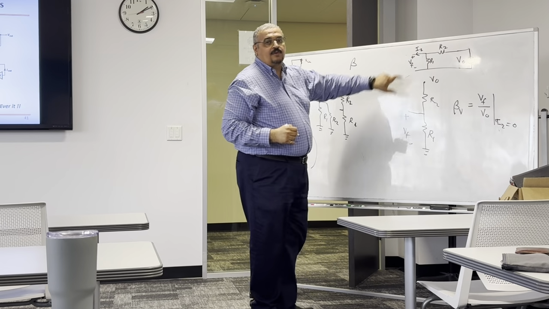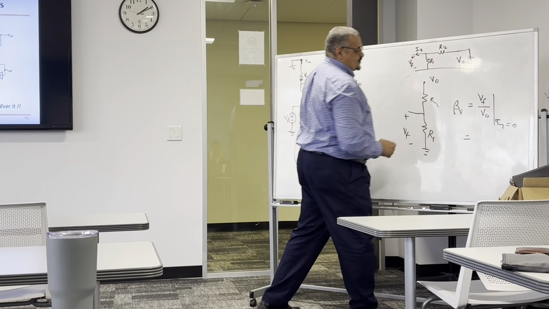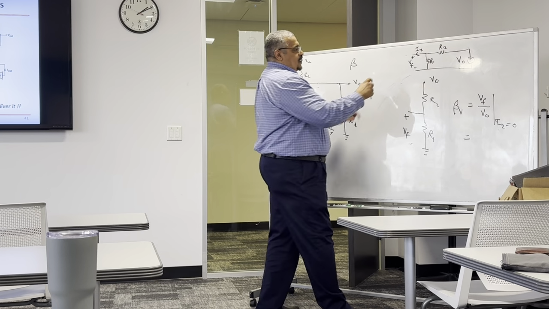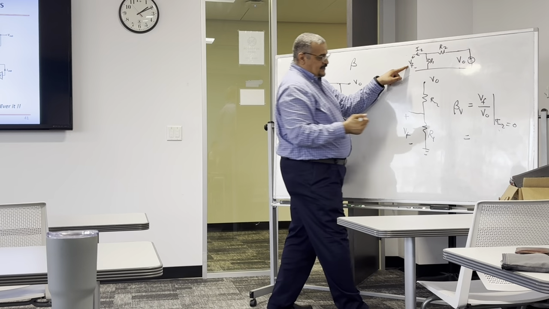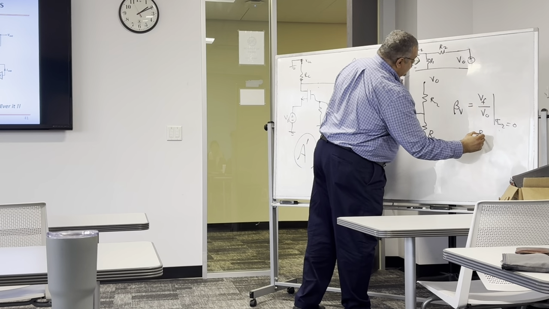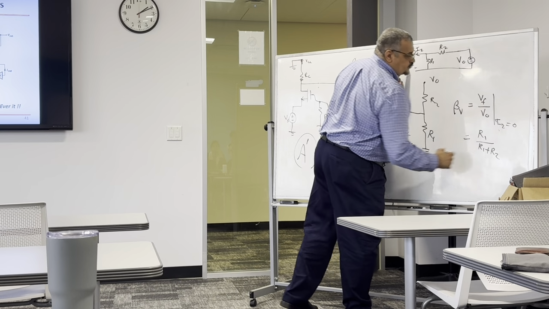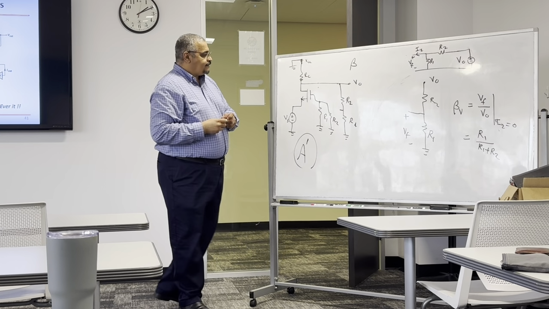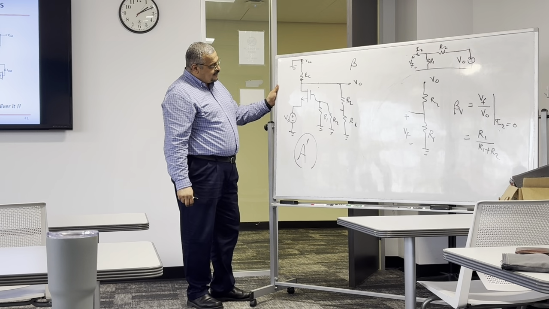Meaning that you leave this open. So under this condition, what's the ratio of VF divided by V out? Voltage divider, right? So this is R1 divided by R1 plus R2. Can someone roughly tell me how to find the gain of this thing?